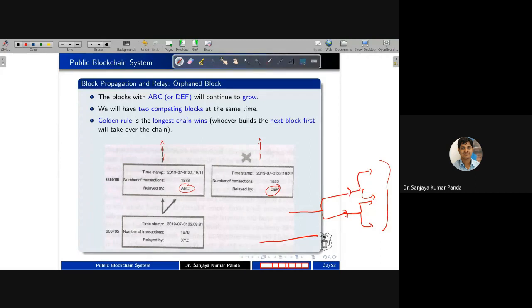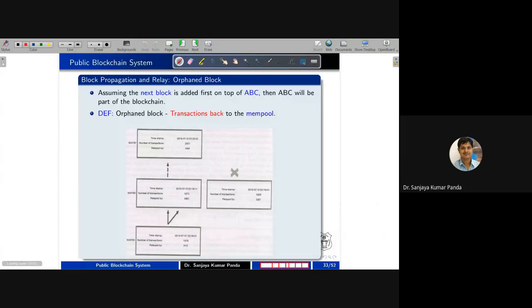So suppose ABC has continued, right? For example, ABC has continued, and the new block added by ABC is 999, which has the next block number, 603767, which is next after 603766. So we can say here that DF has not grown, right? So we consider the DEF as an orphan block.